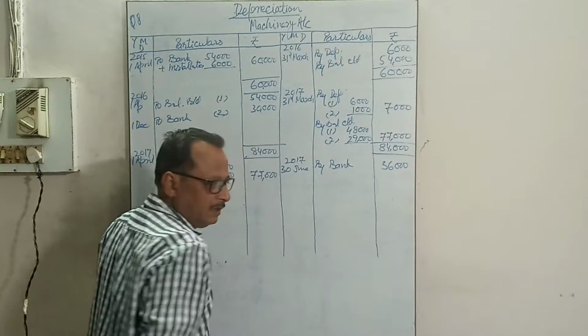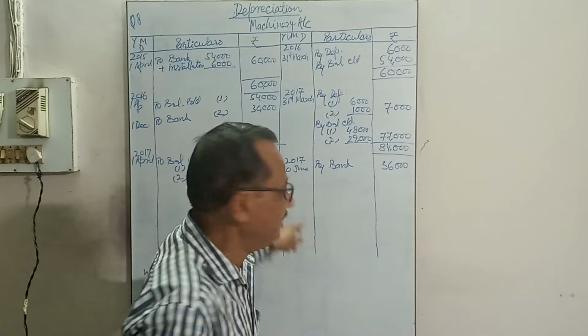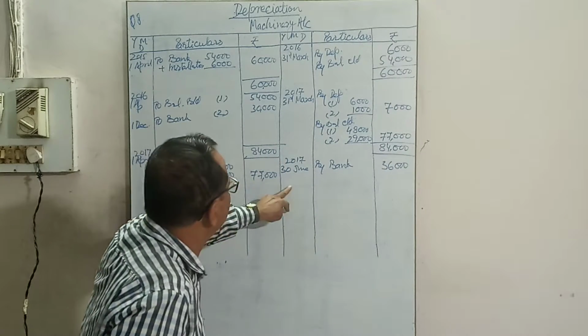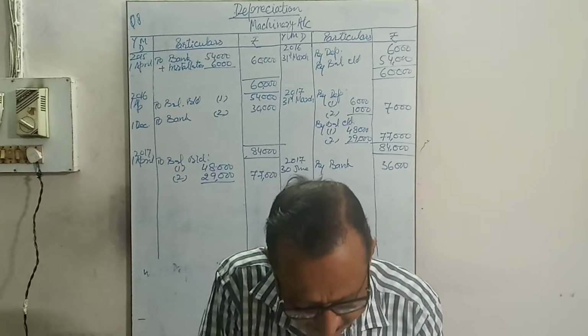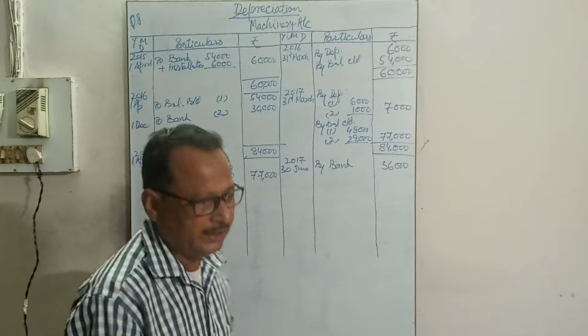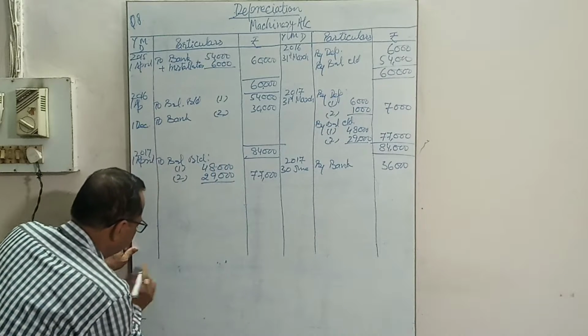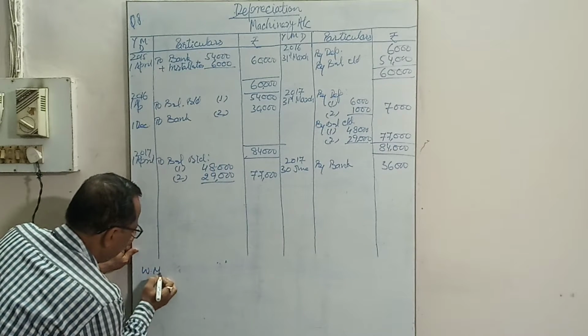36,000. Now see how much depreciation will be charged from 1st April to 30th June on the first machinery. Then after we will ascertain the profit or loss on it. See the working note.